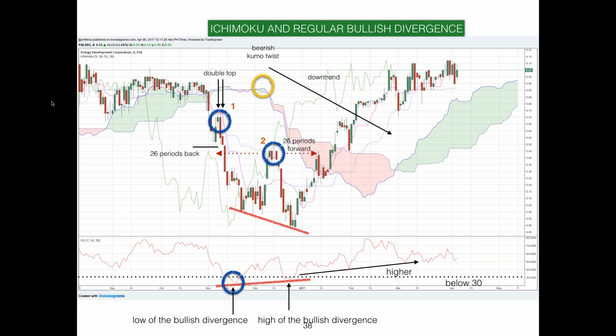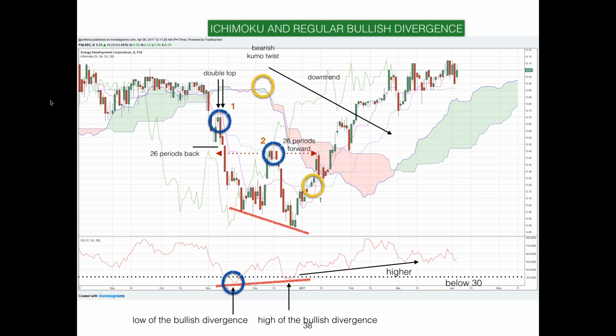Now that we have established that we have a powerful bullish divergence that may signal reversal from the downtrend, we look at the Ichimoku indicators. So we already found the bullish divergence. We look for bullish signals using the Ichimoku indicators. After the divergence was formed, we see the following bullish signals.